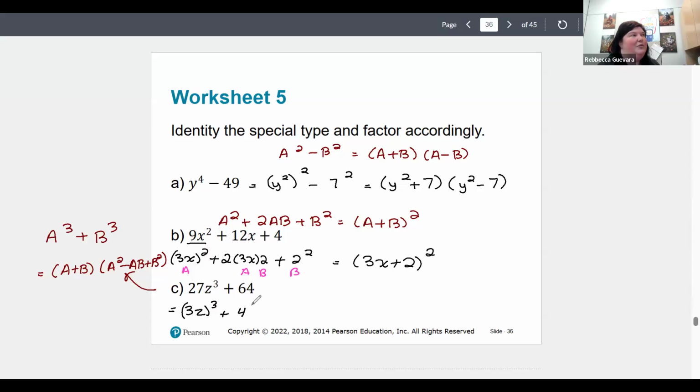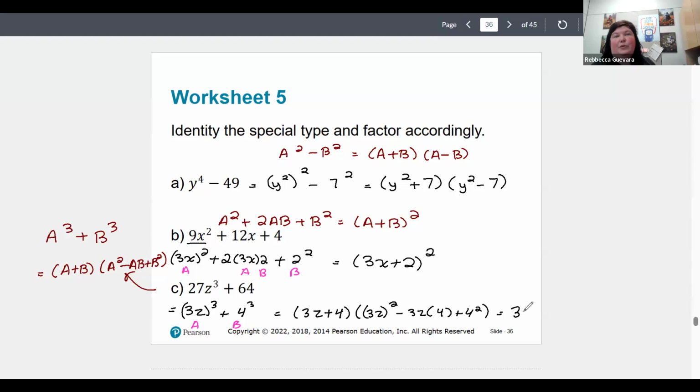This is just 4 cubed. 4 times 4 is 16. Yep. And 64 would just be 4 cubed. So this is my a, and this is my b. So I would have 3z plus 4 times 3z, all that 3z together is my a, so that's all squared, minus 3z times my b, which is the 4, plus 4 squared.